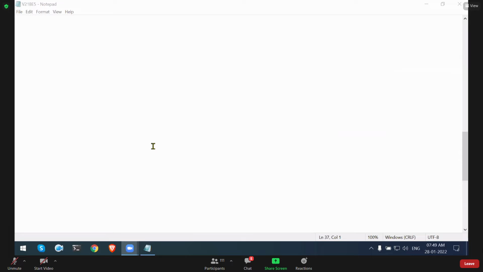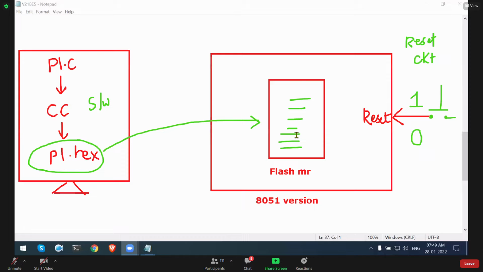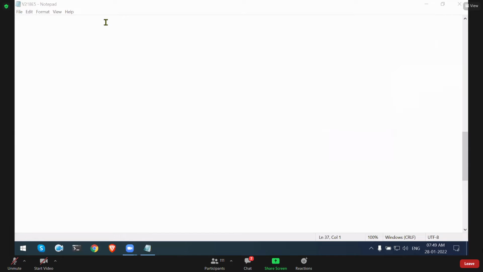And yes, K2, you are right. When we dump the hex file contents, the old program will get erased. Whatever old program is stored inside the flash memory will get erased first, and the new hex file contents, the new program, will be stored inside the flash memory.